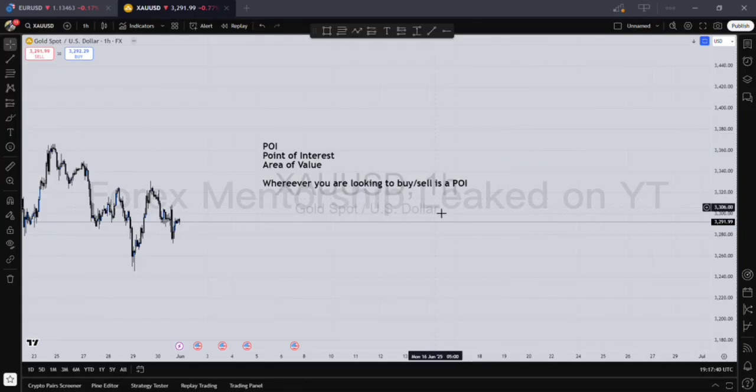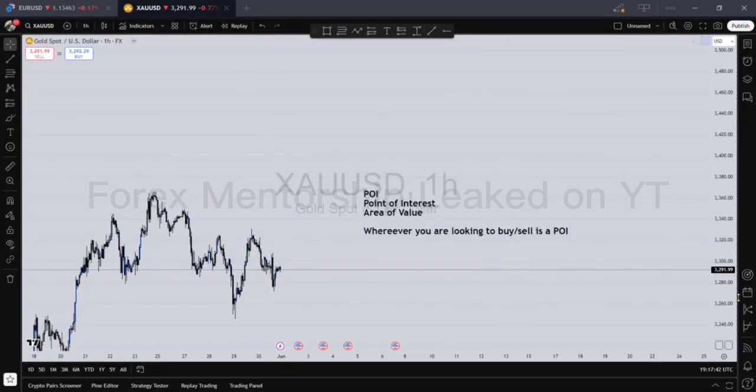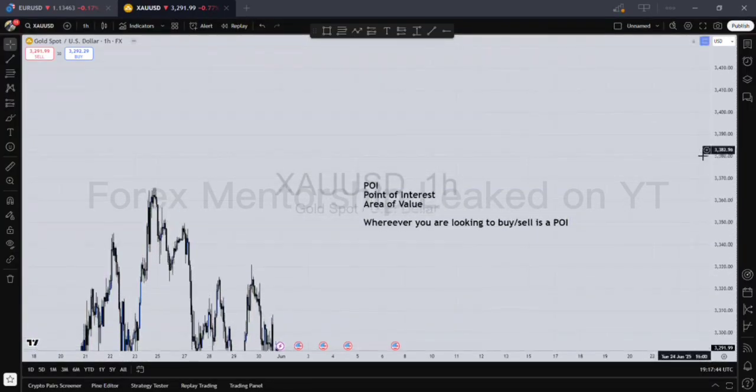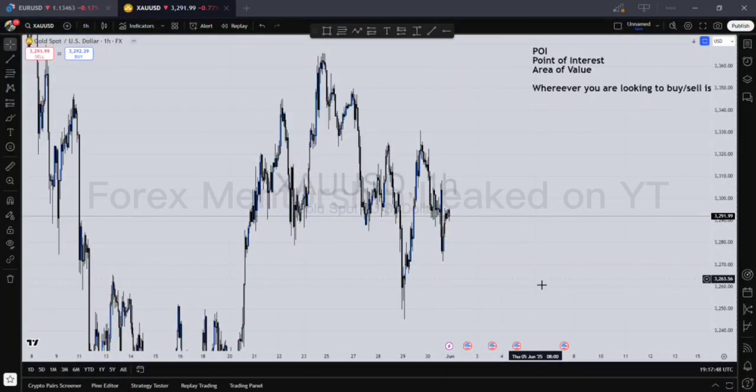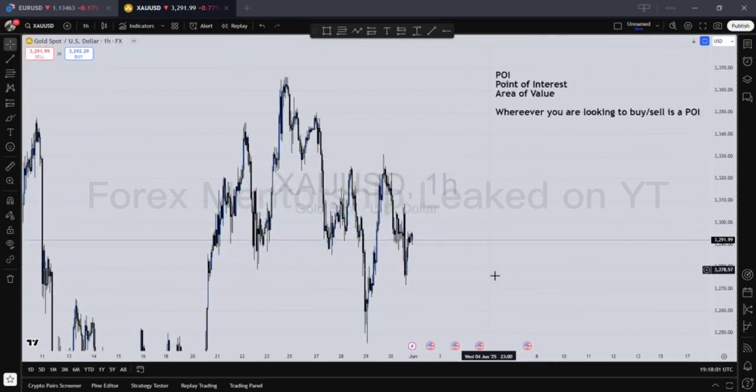Some traders, I don't know the mentors that they have, they feel like it's only order block that is POI. When they hear fair value gap or maybe QML, mitigation blocks, they'll be like, what are we talking about?